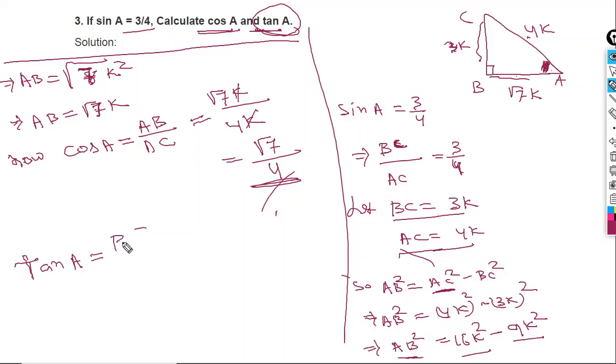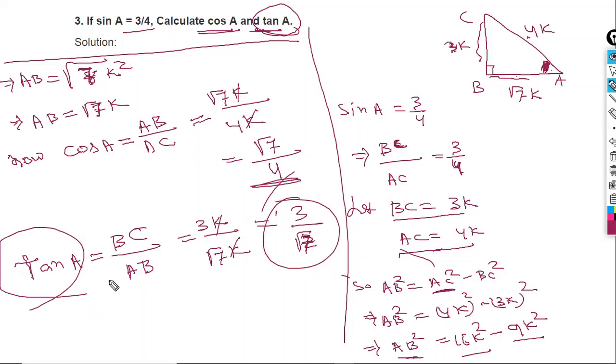BC divided by AB. Now it will be equal to, look at the figure, BC is 3K, AB is root 7K. Now K will be cancelled, so 3 by root 7 is the value of tan A.